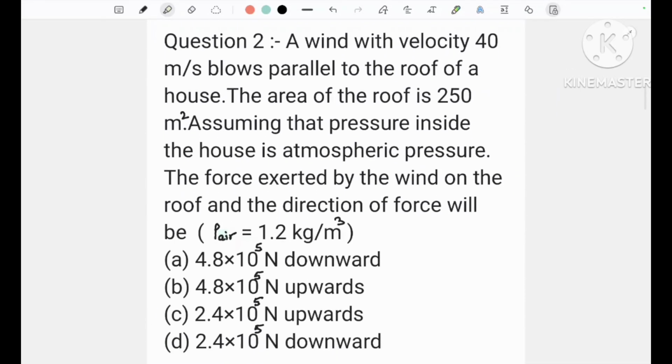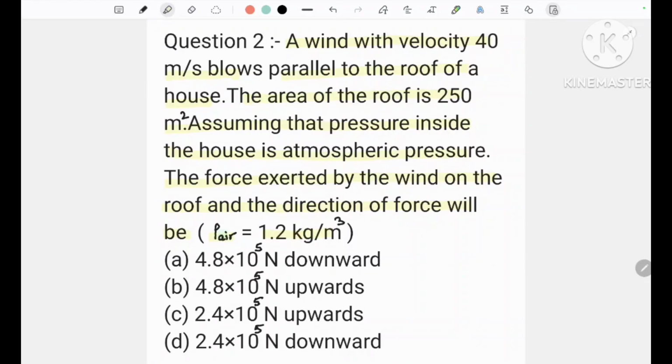Next, a wind with velocity 40 meter per second blows parallel to the roof of a house. The area of the roof is 2500 meter square. Assuming that the pressure inside the house is atmospheric pressure, the force exerted by the wind on the roof and direction of the force will be.